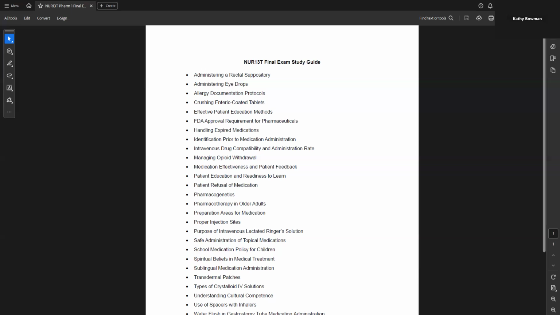Pharmacogenetics. Can somebody define pharmacogenetics? Study of how a patient's genome affects his or her response to meds. Good. So how our genetics dictates our ability to metabolize or respond to drugs.